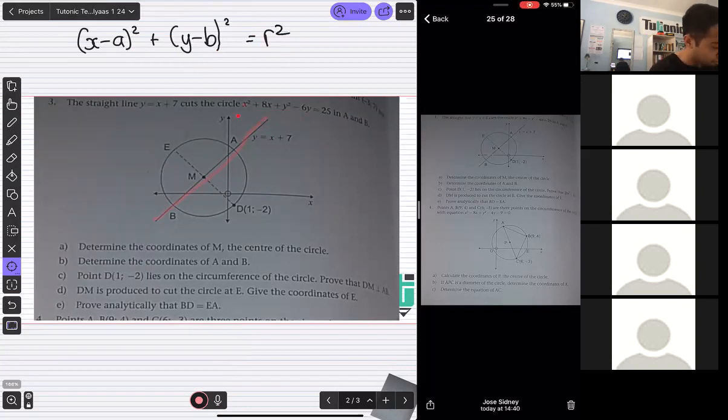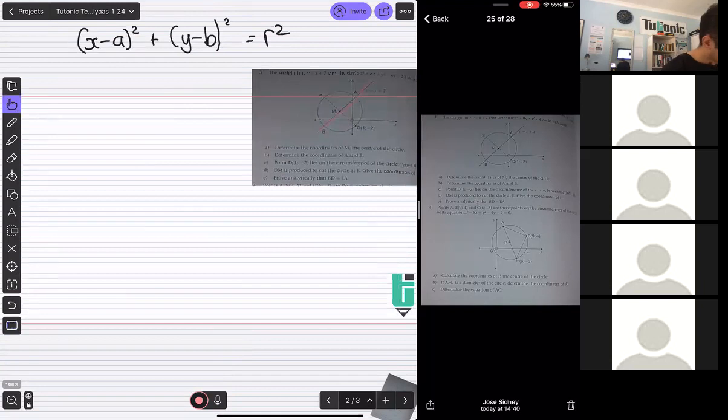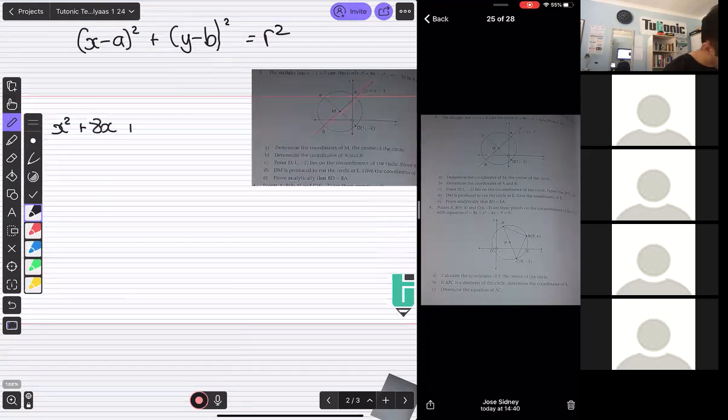But they give it to you in this form. So the first thing I do, Sydney, is I convert this into this. There's a concept video on this, but I'm just going to show you quickly. They give us x squared plus 8x plus y squared minus 6y equals 25.